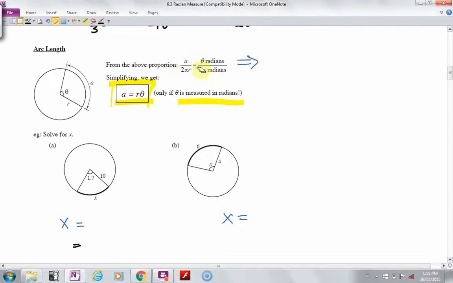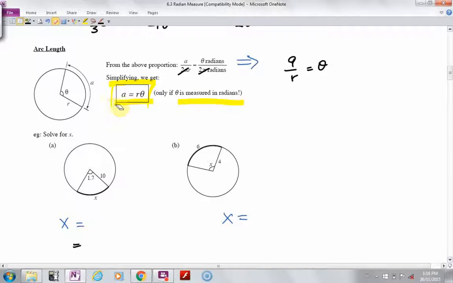So the only difference between this and what you were doing yesterday is that instead of 360 degrees down here, you've got 2 pi radians, because 2 pi is the same as 360 degrees. Now, 2 pi, if you notice, cancels from the bottom of both of these. So we have a over r equals theta, or a equals r theta.